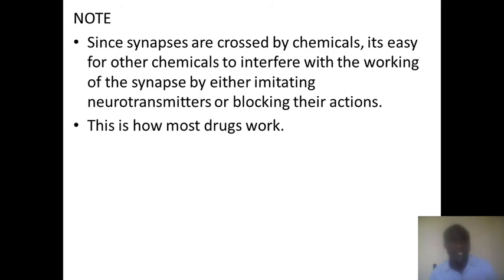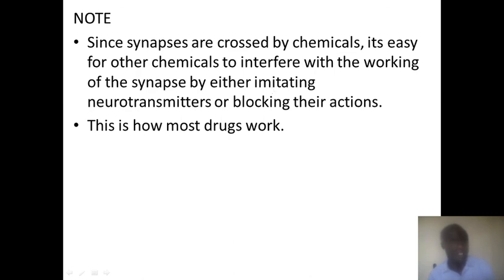As we have already seen, impulses cross the synaptic gap with the help of chemicals, the neurotransmitters. And always on the postsynaptic membrane, we have what we call a receptor site, where a specific neurotransmitter will fit. So some chemicals can easily interfere with the working of the synapse by imitating the neurotransmitters, that is producing the same effect.